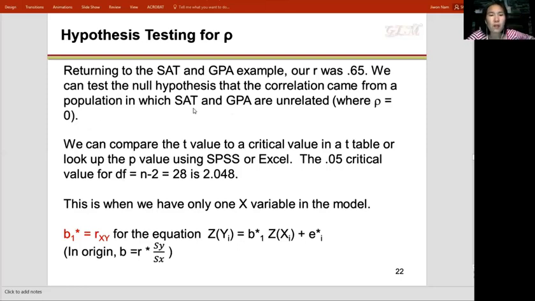We can compare the t-value to a critical value in a t-table, or look up the p-value using SPSS or Excel. The 0.05 critical value, with df equal to n minus 2, equals 28, is 2.048.